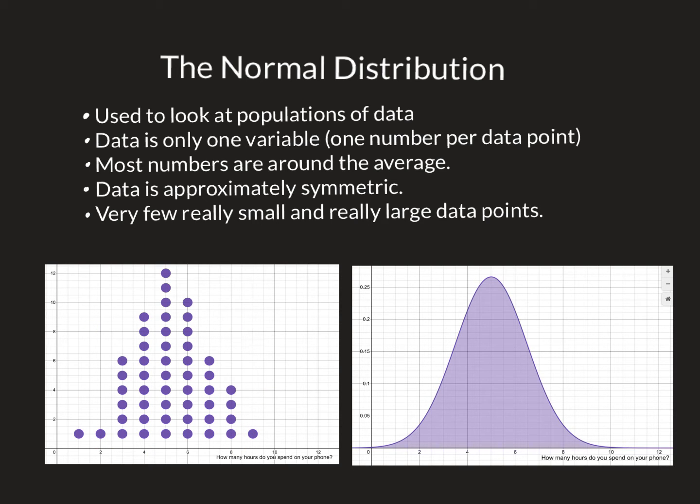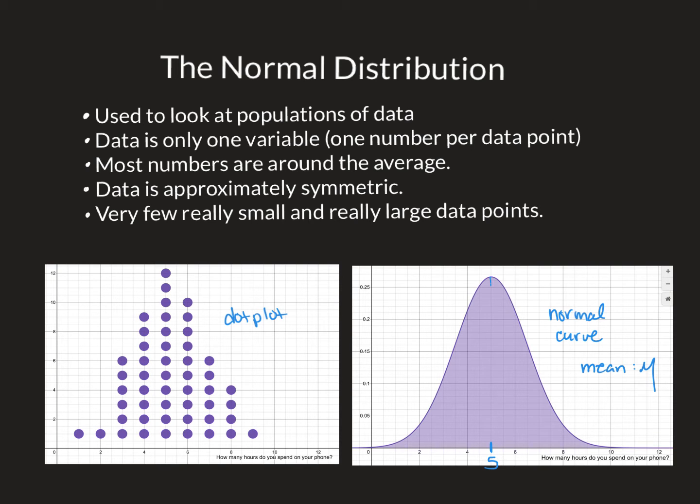So this right here is a dot plot. This over here is what we call the normal curve. The normal curve is calculated using all of the data from this dot plot. The way that the normal curve is made is we have a mean, which is normally used with this symbol mu, and the mean in this case is 5.